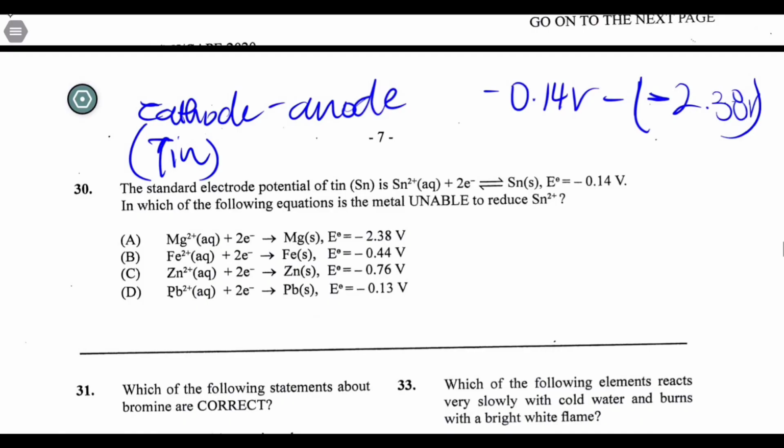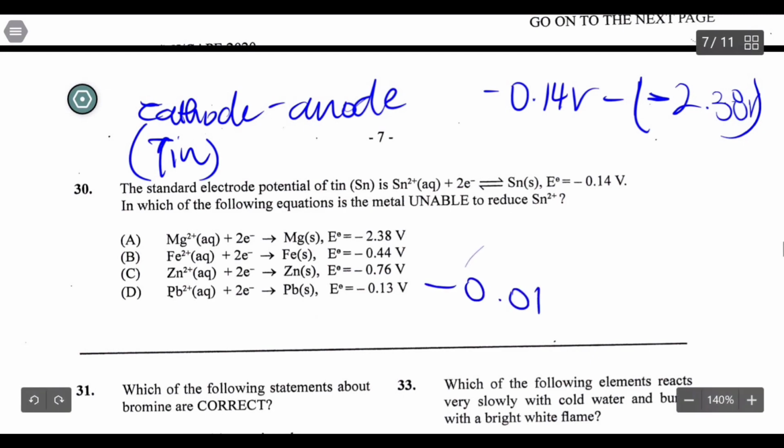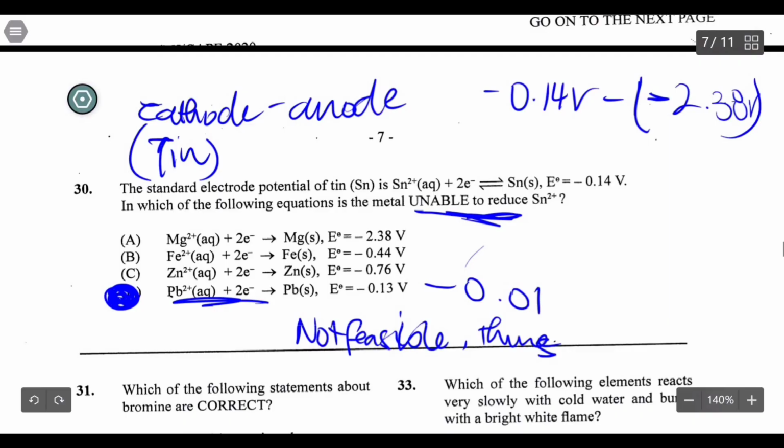Now the last one, which is the answer, minus 0.14 minus negative 0.13 gives you a negative 0.01, therefore the reaction is not feasible, and thus lead here is not able to reduce tin. Therefore, that's the answer.